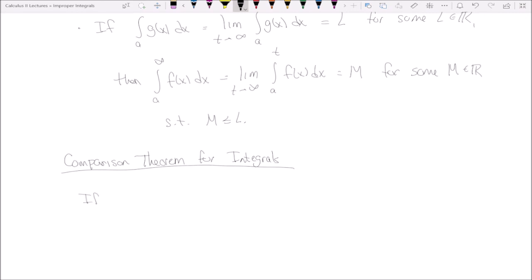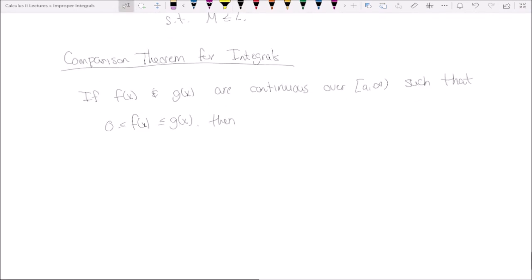What this says, if f of x and g of x are continuous over the interval a to infinity, such that 0 is less than or equal to f of x less than or equal to g of x, then 1, if the integral from a to infinity of f of x dx equals infinity, then the integral from a to infinity of g of x dx is equal to infinity.